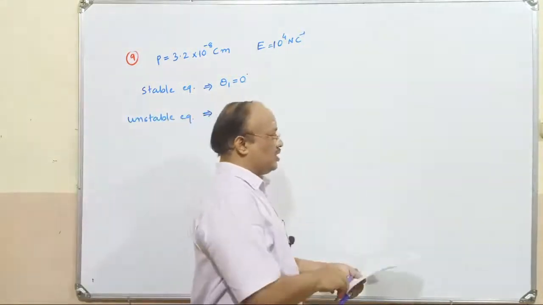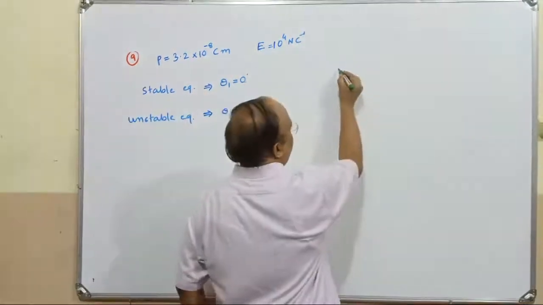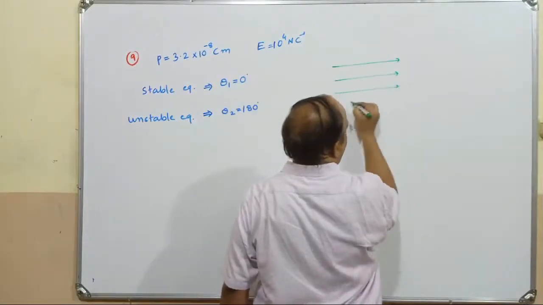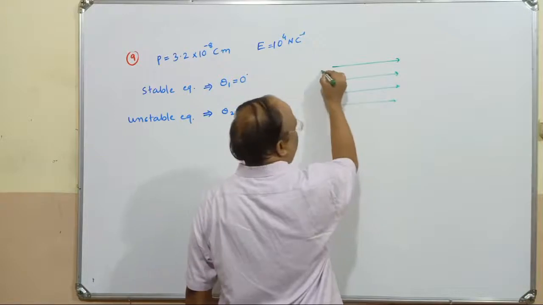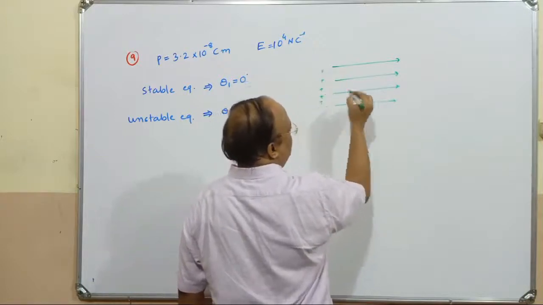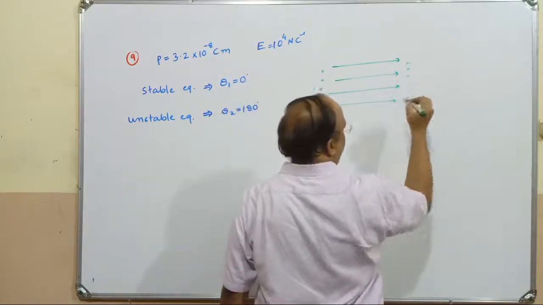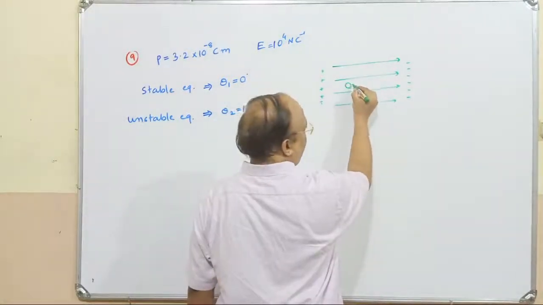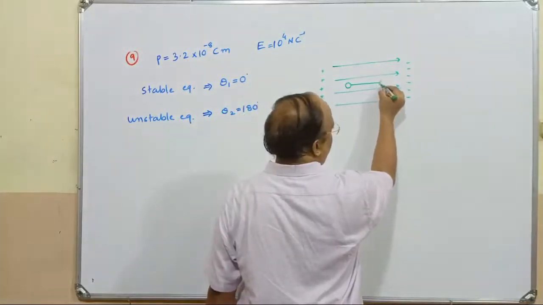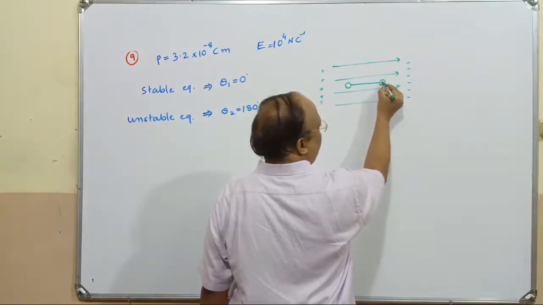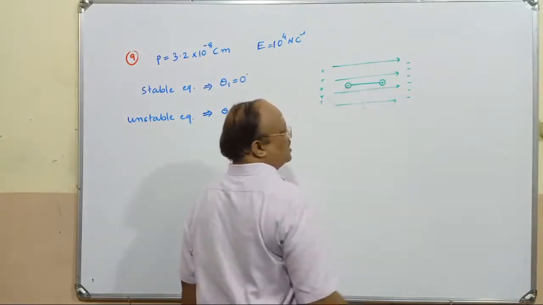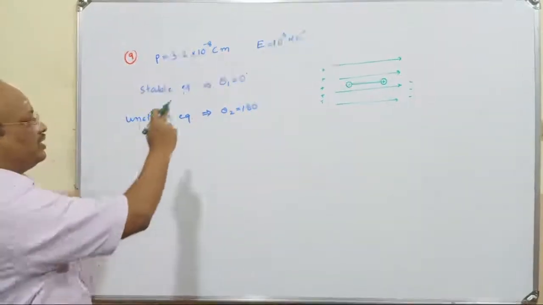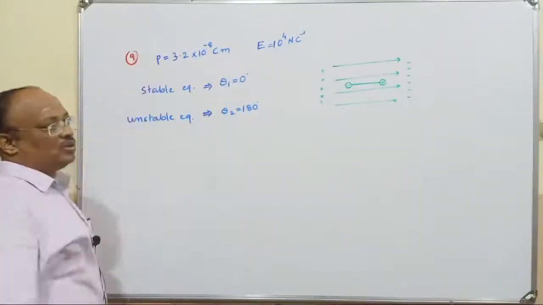Already we have seen that if this is our electric field, this side we will have positive charges and this side negative charges. So in stable equilibrium, this side is positive and this side is negative. This is our stable equilibrium, where theta 1 is equal to 0.